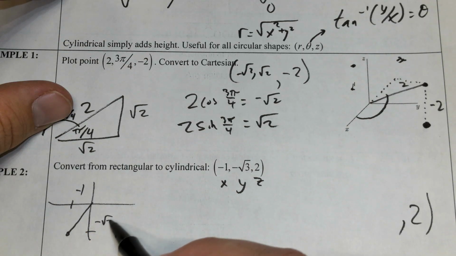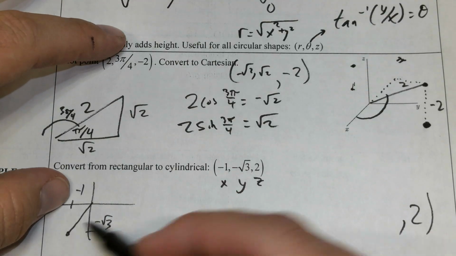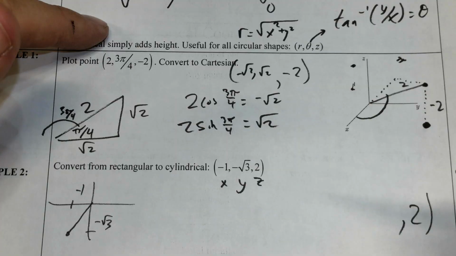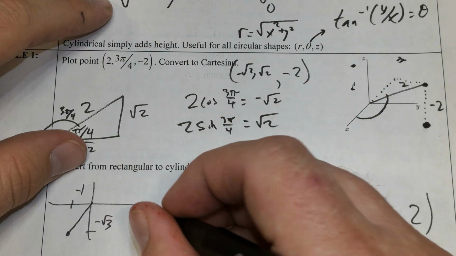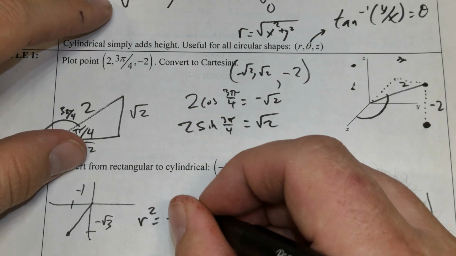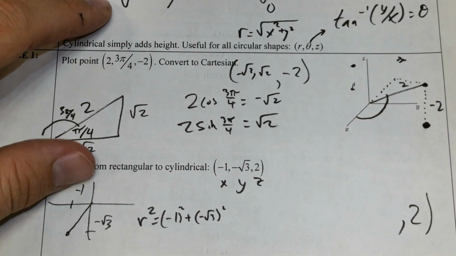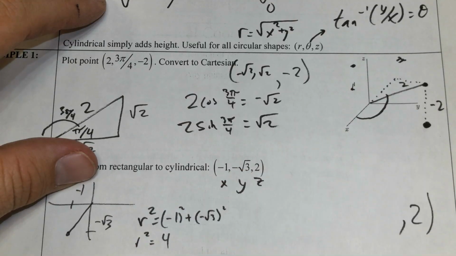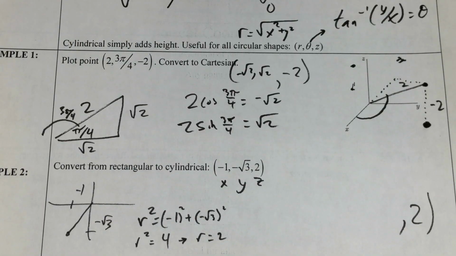Negative 1, negative rad 3. So I just go find that using the distance formula. R squared is negative 1 squared plus negative square root 3 squared. So then r squared is 4. So r is 2.